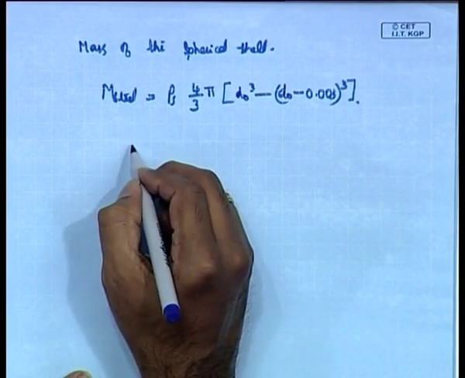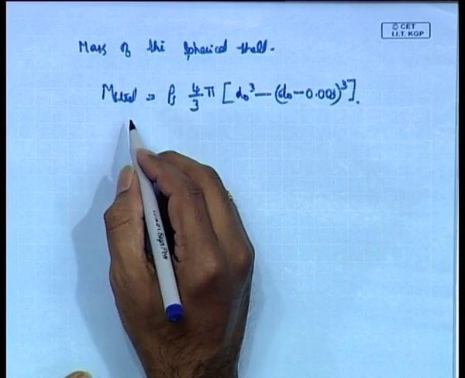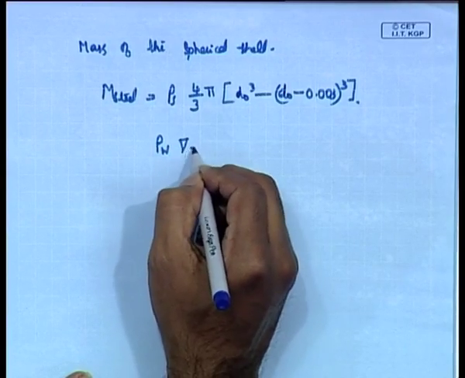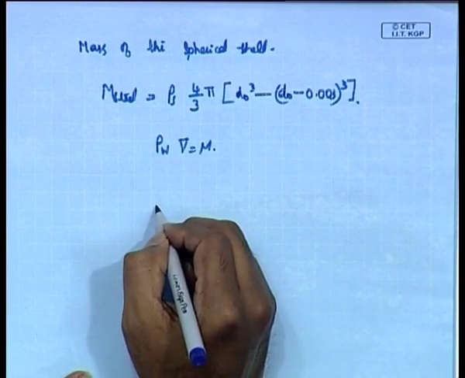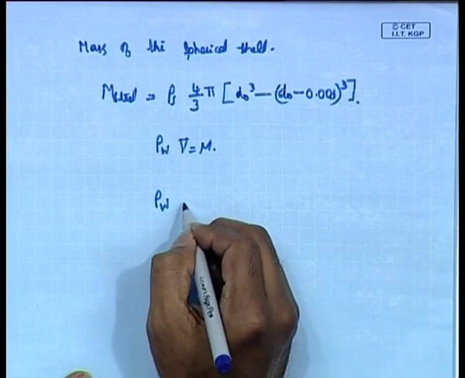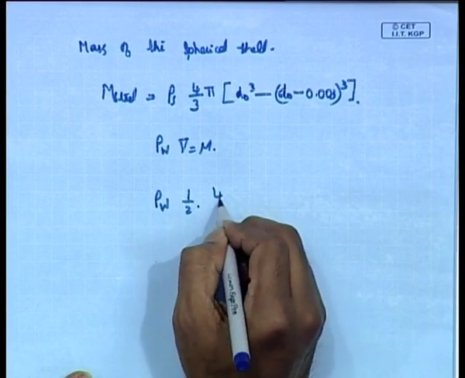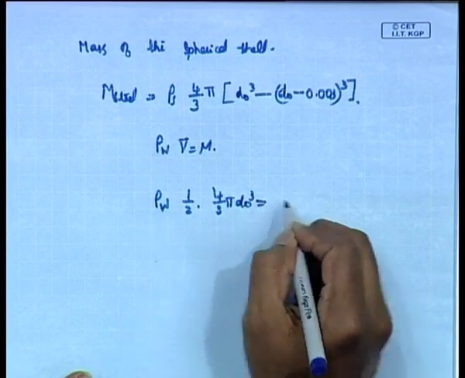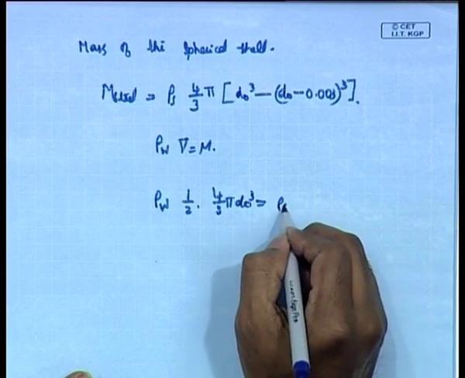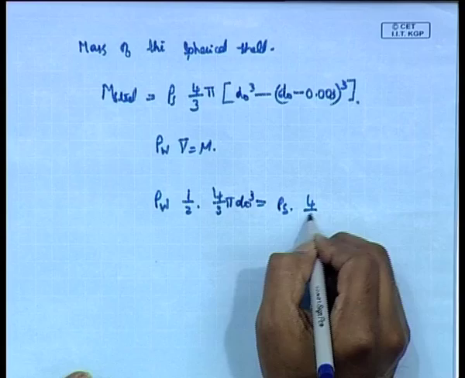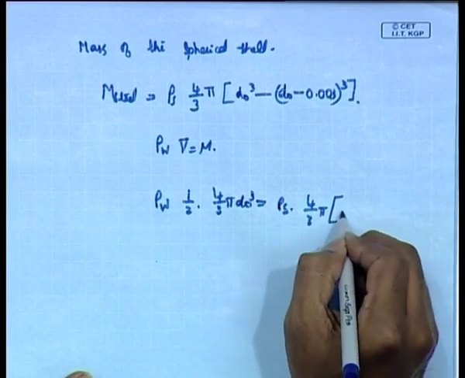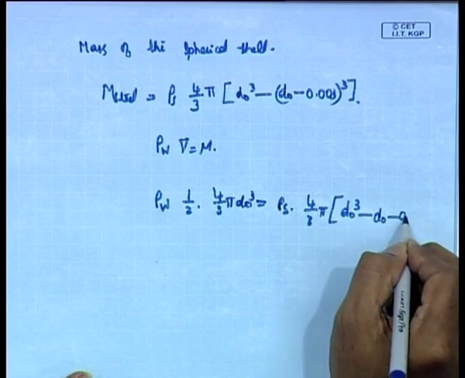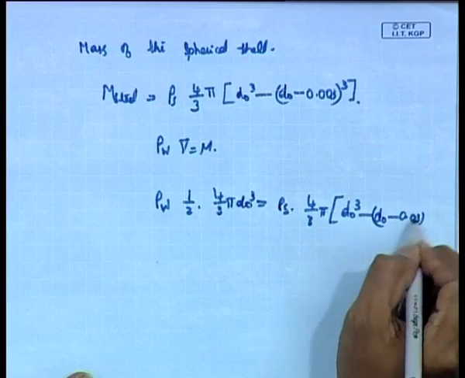So, now putting this formula rho w into del is equal to m, you get rho w into half into 4 by 3 pi d0 cubed is equal to rho s into 4 by 3 pi into d0 cubed minus (d0 minus 0.03) cubed.